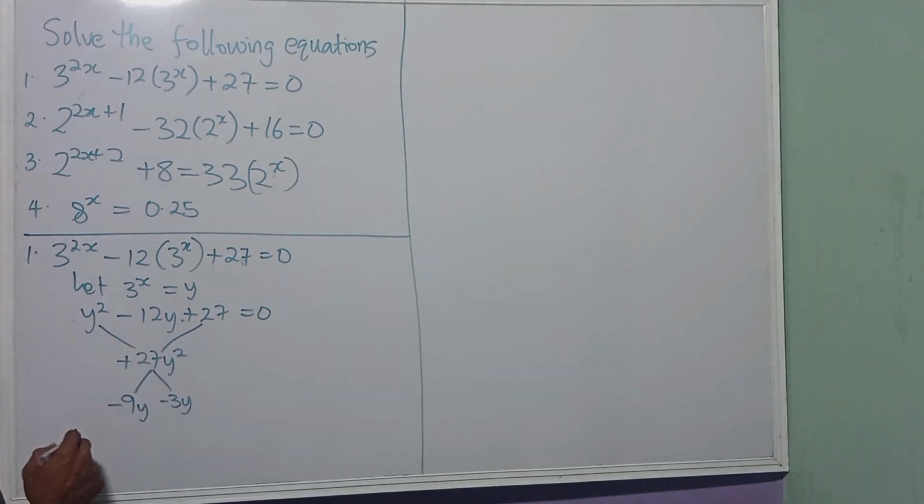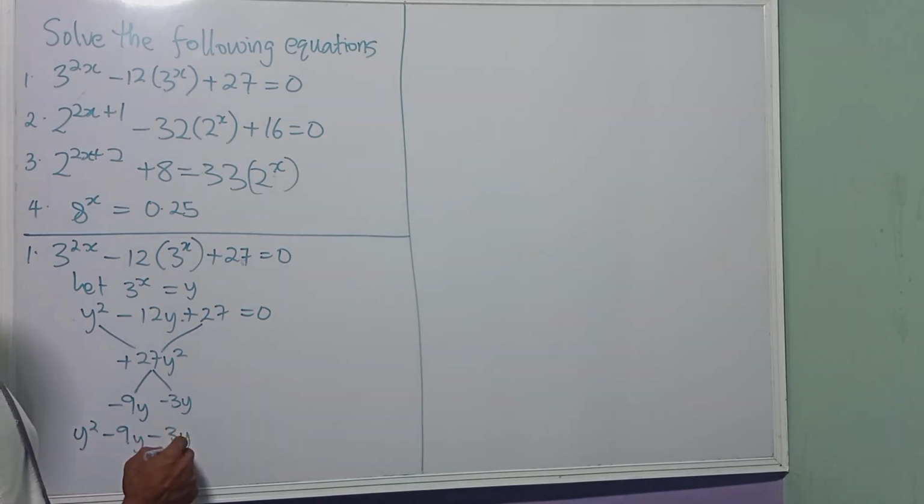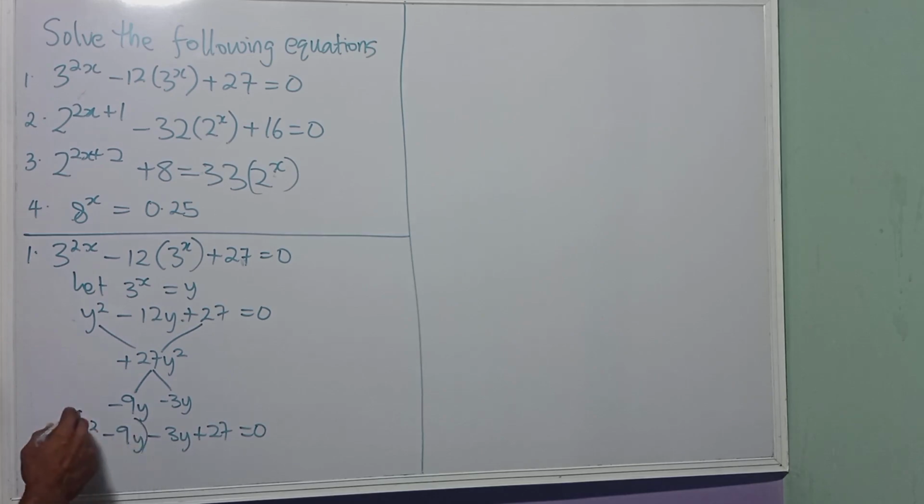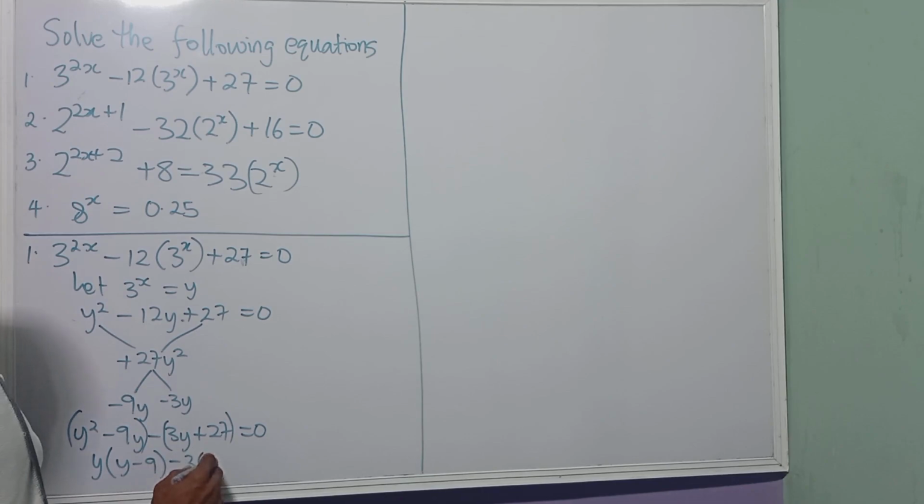So we have y squared minus 9y minus 3y plus 27 equals 0. Factorizing, we have y minus 9, y minus 3 in brackets, equals 0.